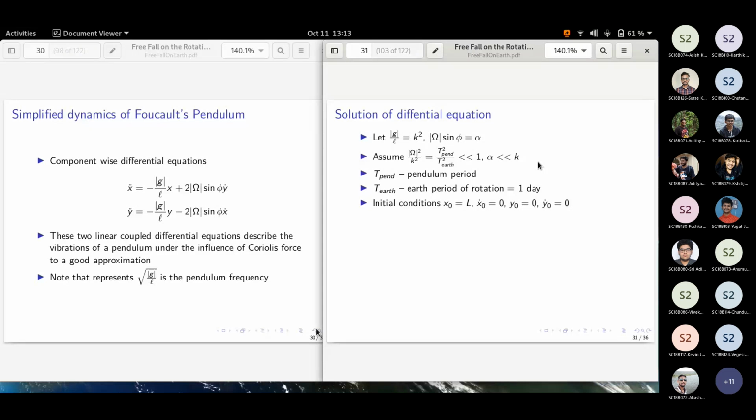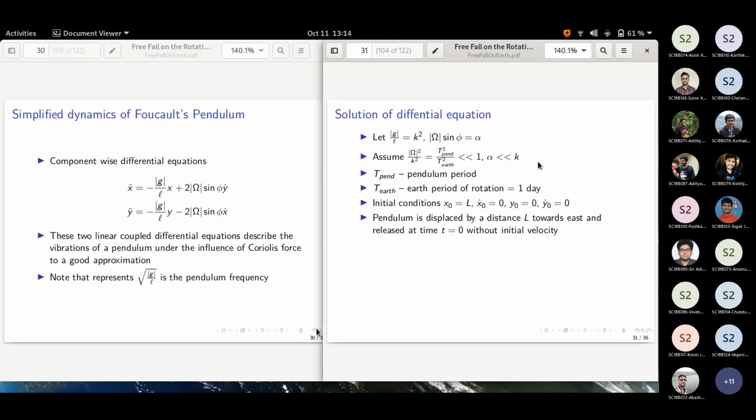In the y direction, you don't move it at all, so the y velocity is set to 0 in the beginning. So it is basically taking the string to a certain distance along the east direction and then leaving it. You would expect that the pendulum will always oscillate along the east and west direction. However, you will notice that this will change. That is what we are going to show.